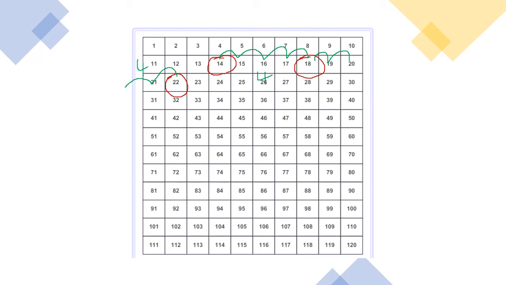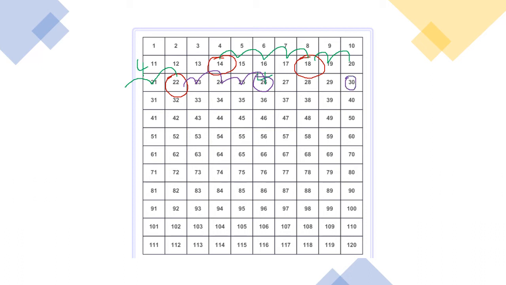I think that's a fairly obvious rule. So let's have a look at this. Where do I go from next? Start at 22, 1 jump, 2 jumps, 3 jumps, 4 jumps. I think my next number is going to be 26. Now, I also know that I can do that in my head. 26 plus 4 is 30.